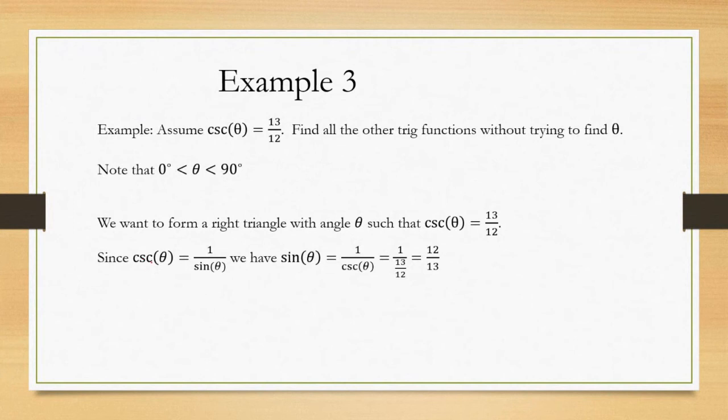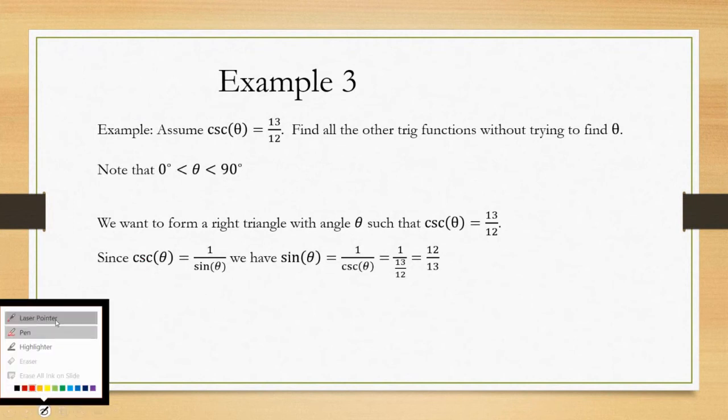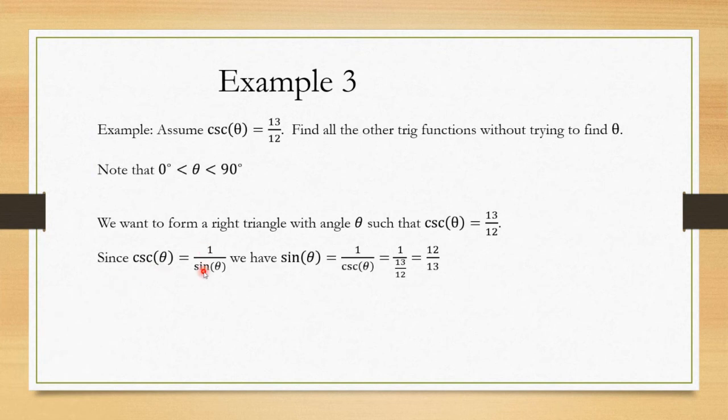Now cosecant of theta, as we know, is 1 over sine theta. So really what we have is 1 over sine of theta is 13 over 12. We want sine of theta. Well, we can actually get sine of theta from here. Just cross multiply. Let me write it out.